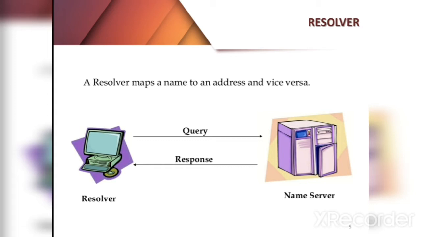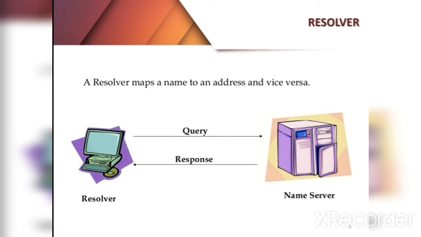And if it can receive the information from that, it will approach that particular name server. This process can continue until the related information is received from the corresponding name server. That is request and response, query and response.